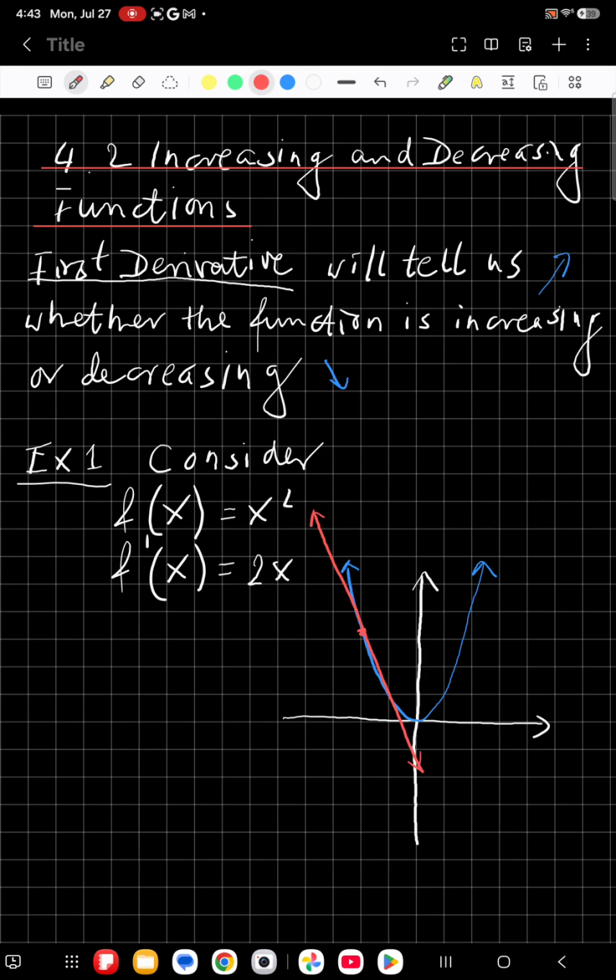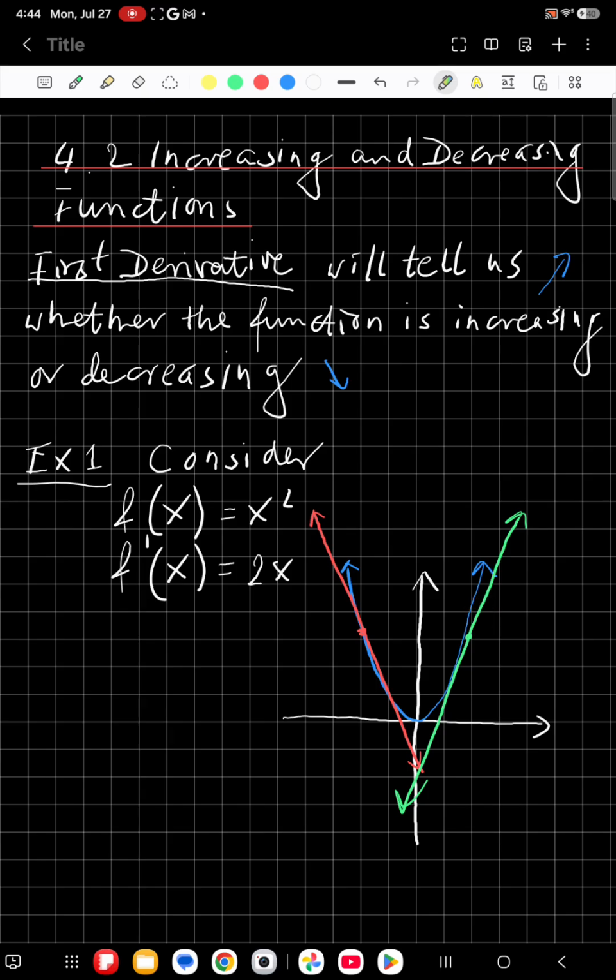We always think about it the way we do in Western culture: we look at things from left to right. If I look at this graph from left to right, you see that the function is decreasing. And here on the right, we can pick another point. Again, we're looking at the function from left to right, and the function is increasing.